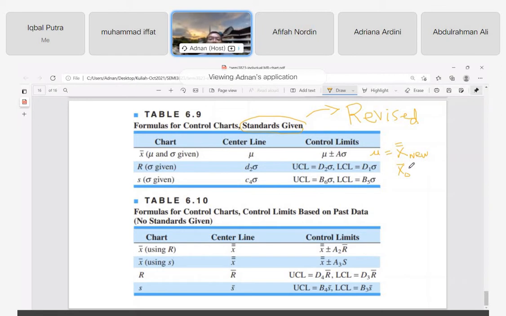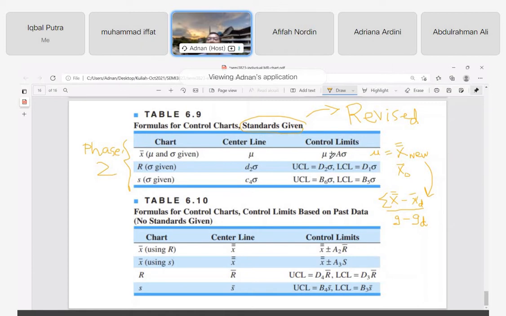The new here is actually coming from the summation of X double bar minus the X bar discarded value, where we throw away that value because it has an assignable cause. So for example G here, or in this case they use M, it doesn't matter which one, you remove those values. So this is for phase 2 in control charting, where we remove unstable data due to assignable causes. We can use this formula.